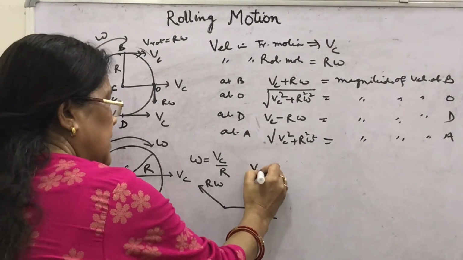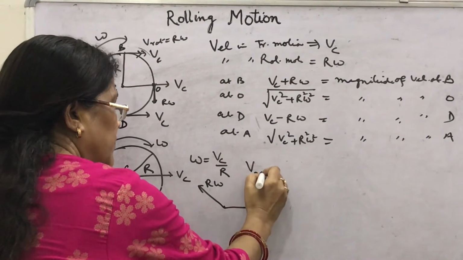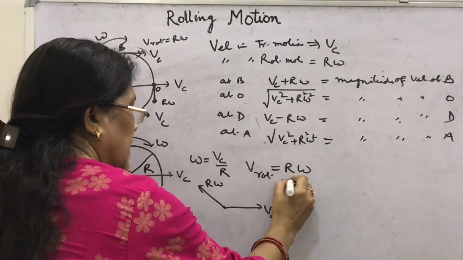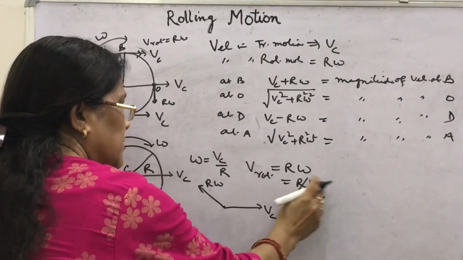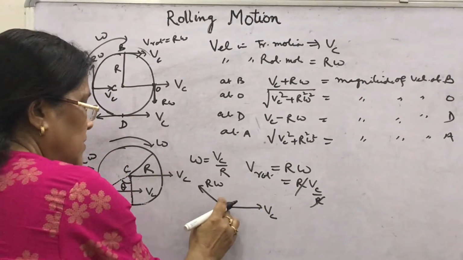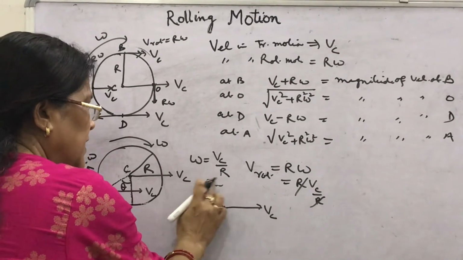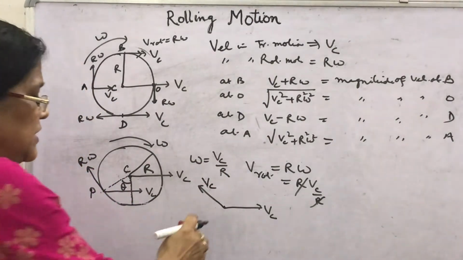This V rotational is r omega, and r omega is r into VC by r, which is the same as VC. So in place of r omega, we can write VC. So these are the two vectors.